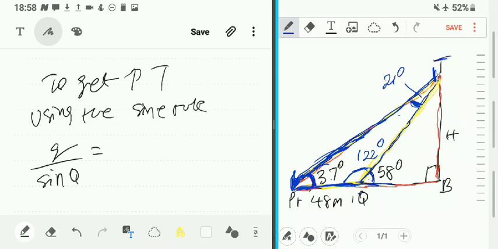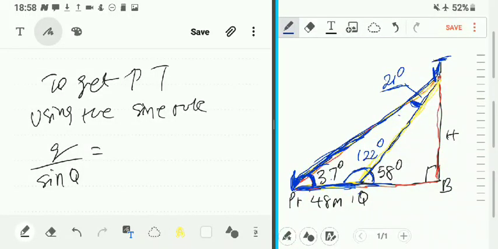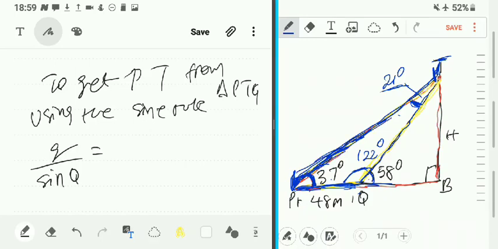That is T. We have the angle as 21 degrees and the side as 48 meters. I'm solving from triangle PTQ, to get PT from triangle PTQ.